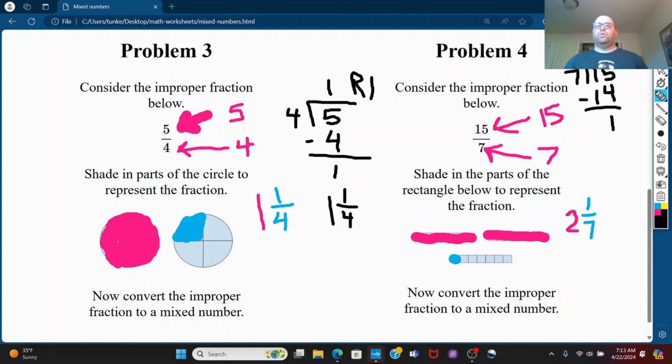So we have 2 and 1/7. Okay, so we can write it as 2 and 1/7. You just write the remainder part over the denominator part. So 2 and 1/7. That's the other way with long division that you can convert from an improper fraction to a mixed number. Hopefully this video was helpful to you.